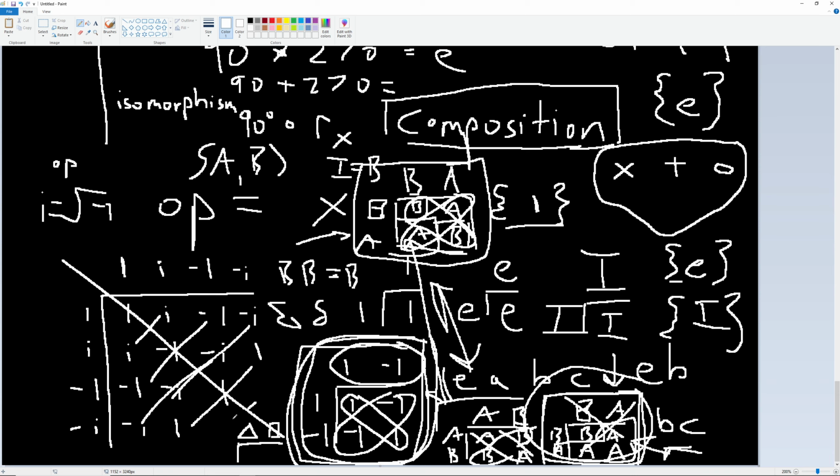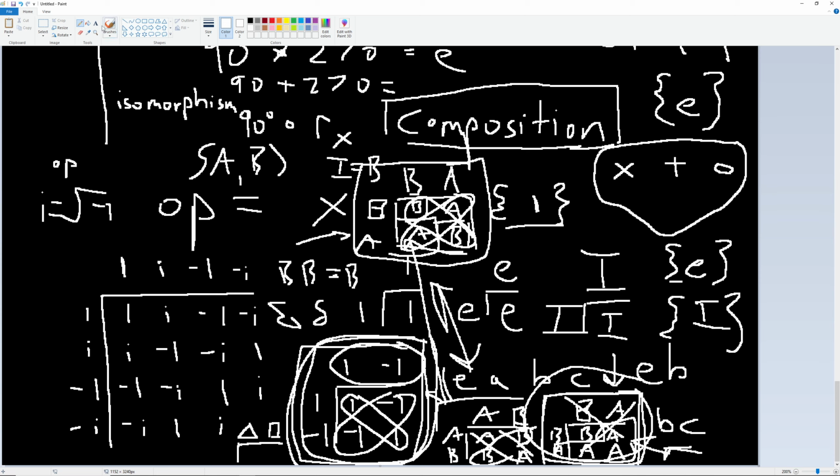Does that make sense? So that's what a commutative or abelian group looks like. So negative I times negative 1 is positive I. And again, same here. Then we have negative I times negative I. The negatives cancel out, so we get I squared, which is negative 1.